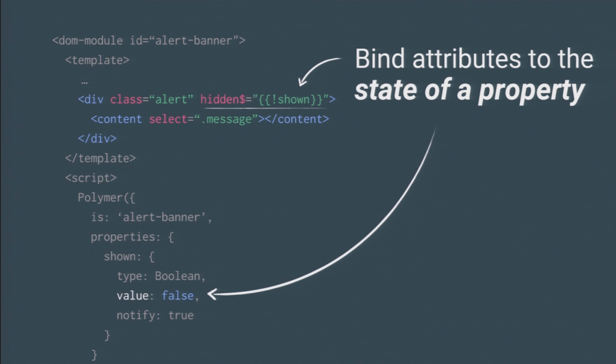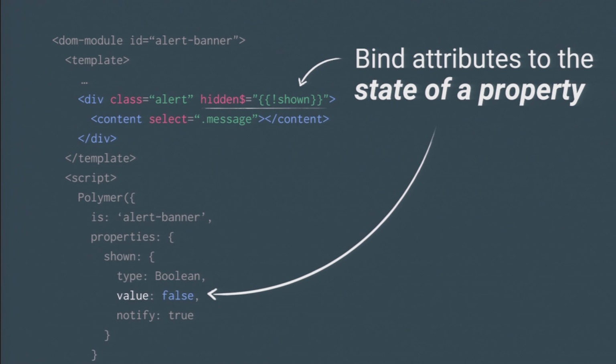And we're using that $equals syntax as a way of setting the attribute on the div element directly. That will basically be equivalent to writing HTML and adding in an attribute hidden. And whether hidden appears or not depends on the value of that shown property that we defined elsewhere.